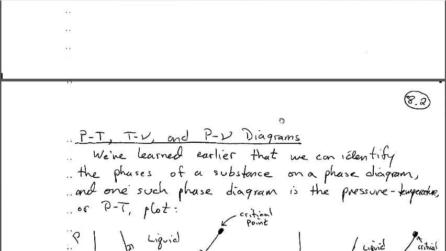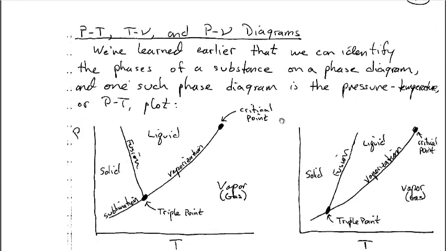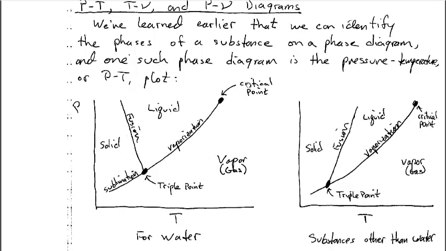Okay, so first of all, we've already talked about the pressure temperature, temperature volume, and pressure volume diagrams. But just as a quick summary, of course, these are phase diagrams, and so we can identify the phases of a substance on a phase diagram. One example phase diagram is the pressure temperature plot, where, of course, we have the three phases: solid phase, liquid phase, and vapor phase, which is, of course, our gaseous phase.